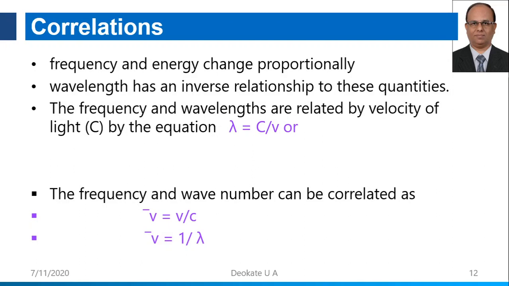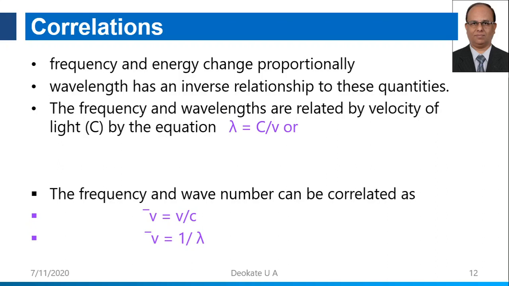Frequency and energy change proportionally. Means as the frequency increases, the energy content of radiation also increases. The wavelength has an inverse relationship to these quantities. Means as the wavelength increases, the energy content of radiation decreases.